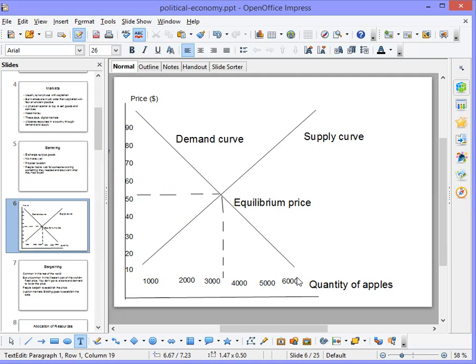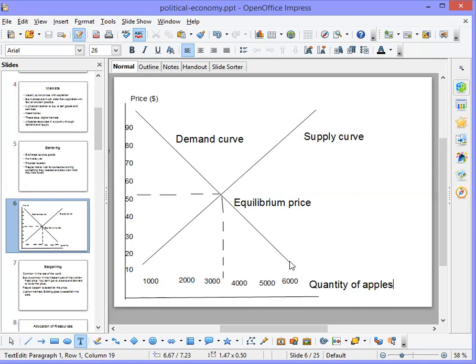Now you go to the demand curve. The demand curve looks at the behavior of the consumer. So if you're the buyer, that's your curve, okay? When the price is low for apples, you're willing to buy quite a bit. So at $10 you're willing to buy 6,000 units, right?